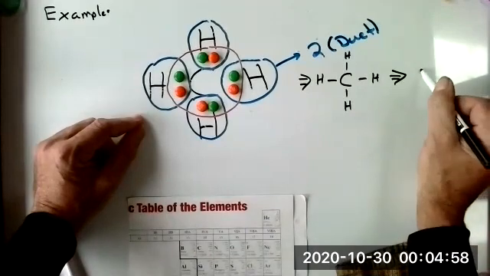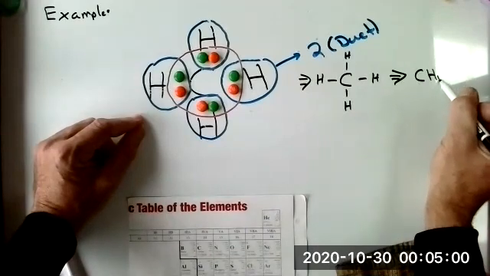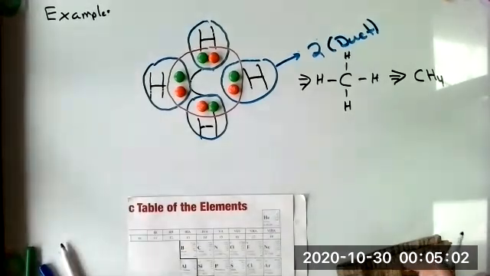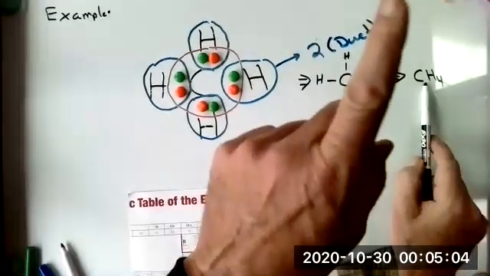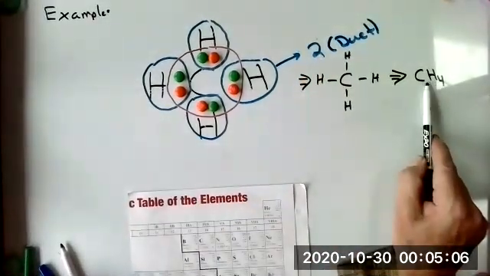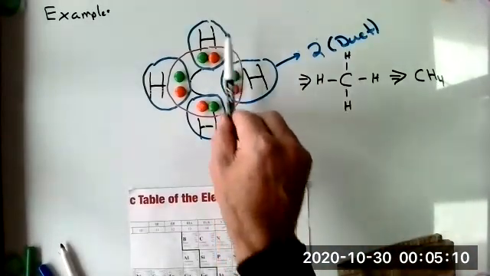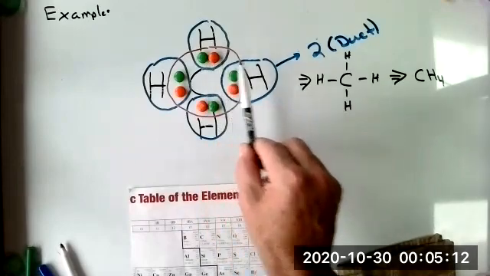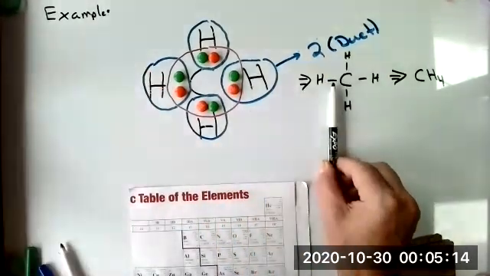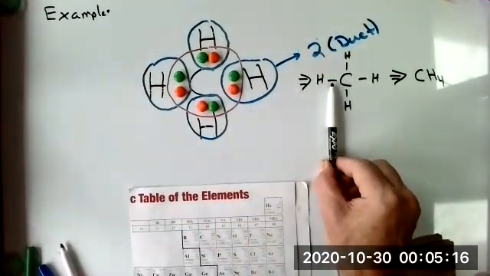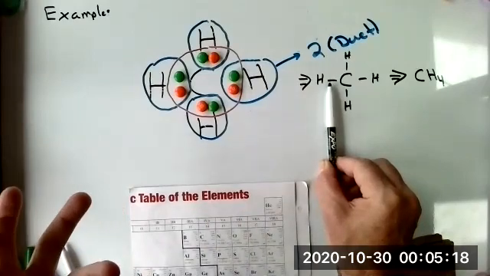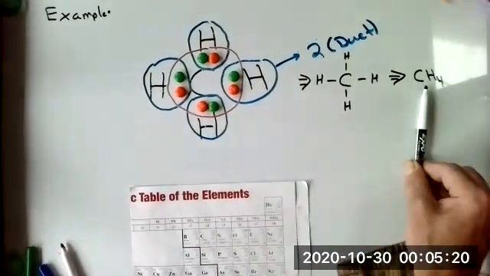You could reduce it to this, which is what we're going to use the rest of the year. We're going to eventually simply use these, but this is the progression of this thing. Here's where all electrons are being shared. I can give it a shortcut by taking the dots out and using some lines, and then ultimately I can combine all of this together and write a shortcut.